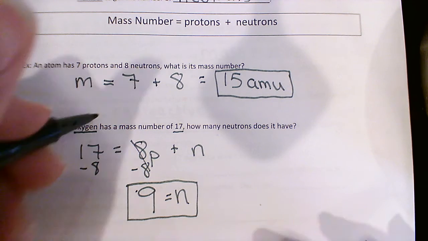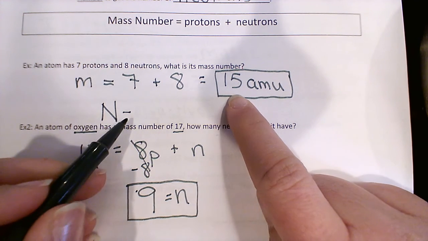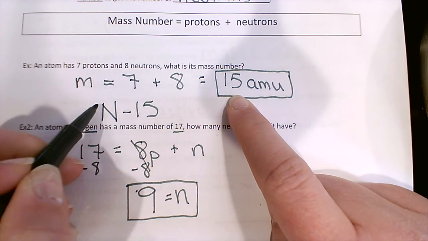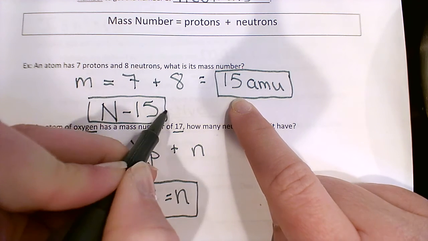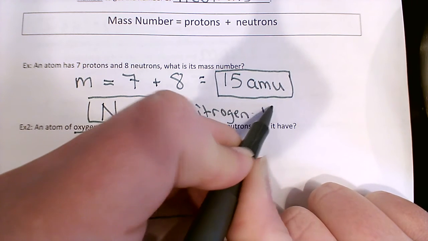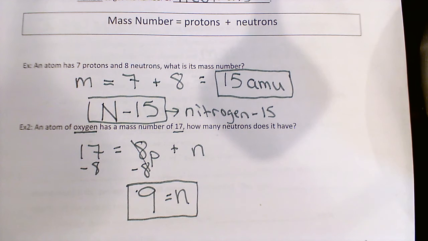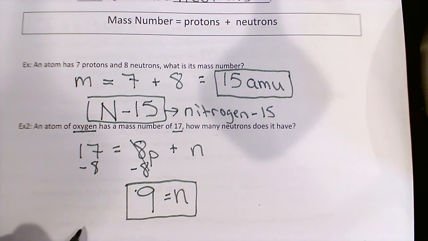So you can either write out the whole name or you can just write the symbol N for nitrogen and then a dash, and then the mass number was 15. So there's the isotope name, or we can write nitrogen-15, doesn't matter.